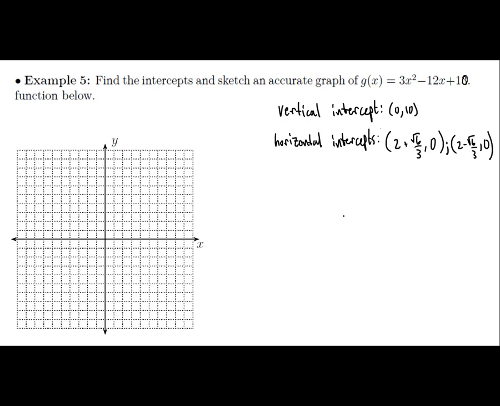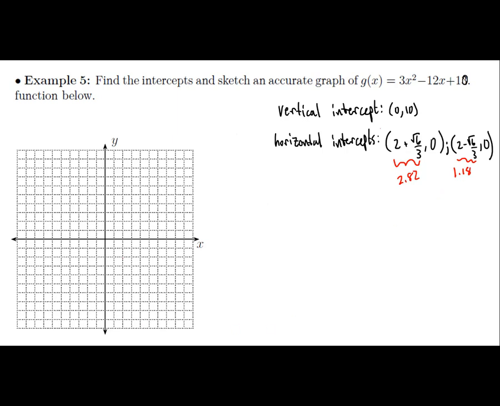But as we have in the past, we want to get approximations to those with our calculator. So this approximation here should give you about 2.82. And this one here should give you about 1.18.